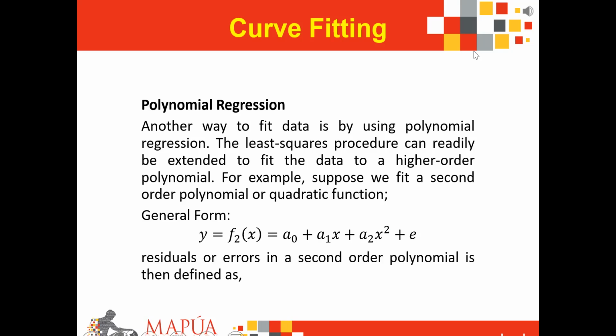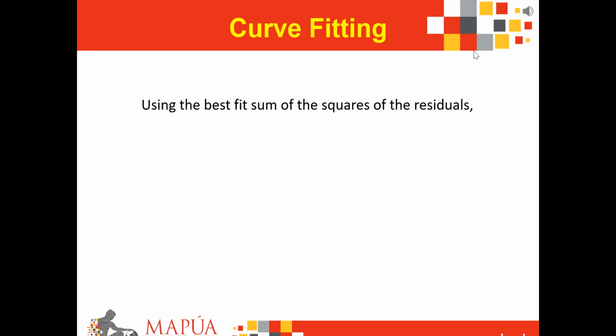The residuals or errors in your second order polynomial function or quadratic function is defined to be like so, which is basically similar to your linear regression, whereby from the actual data value of y, we subtract the model value of y. Using the best fit criterion of the sum of squares of residuals, having the same criteria as your linear regression, your sum of squares of residuals will eventually be this formula.